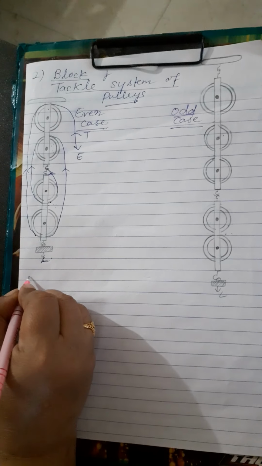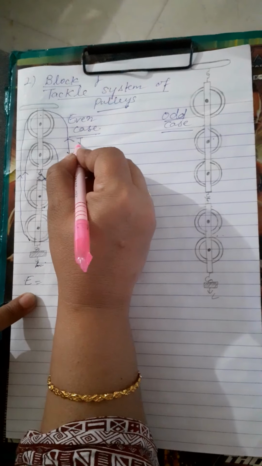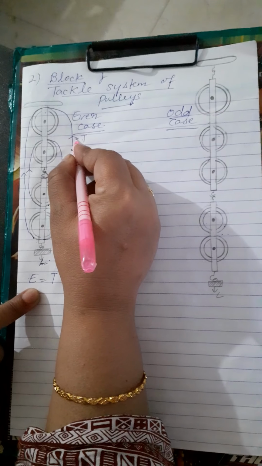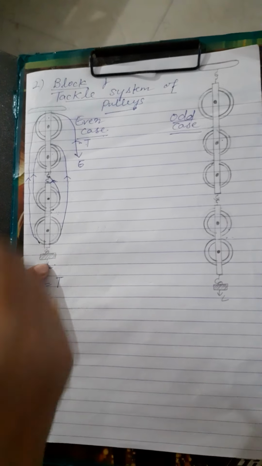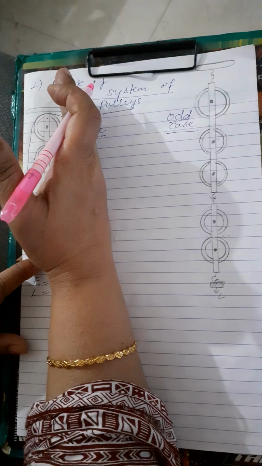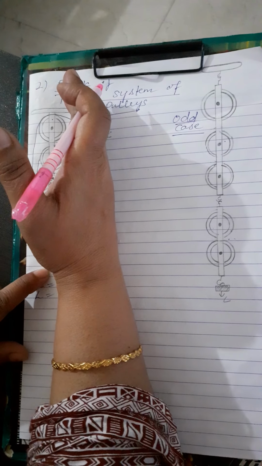Now what will be L? Firstly find the E. E will always be equal to the single T which is in front of it, or which is opposite to it. Now this load is balanced by, you should not count this tension, leave this tension, this load will be balanced by the rest of the tension.